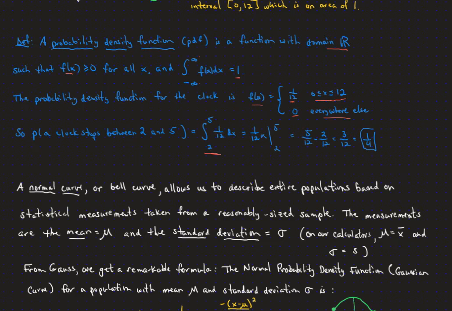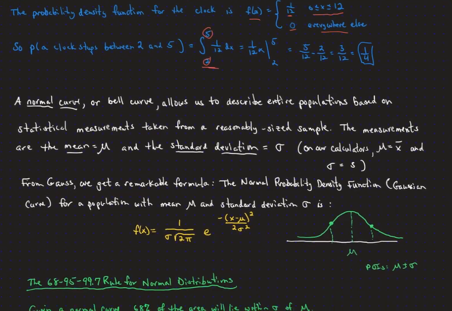So this idea of integrating a probability density function from these boundary points, the 2 and the 5, is an idea that we're going to take into a more complicated setting.